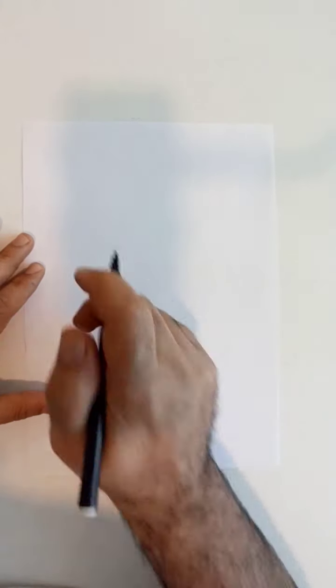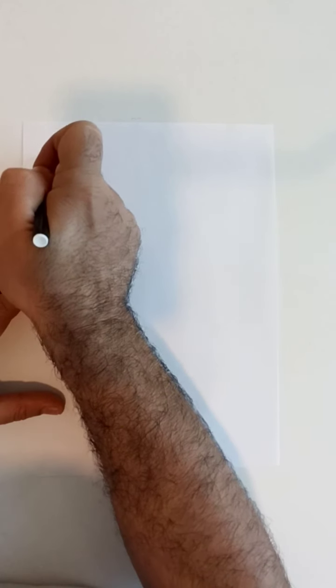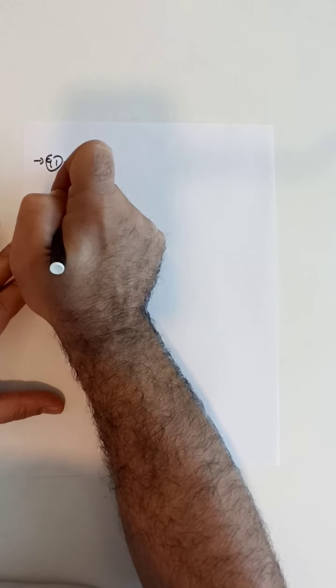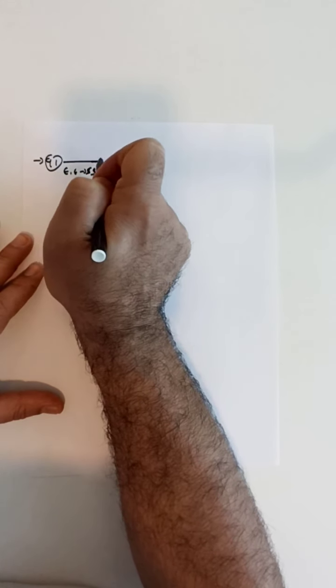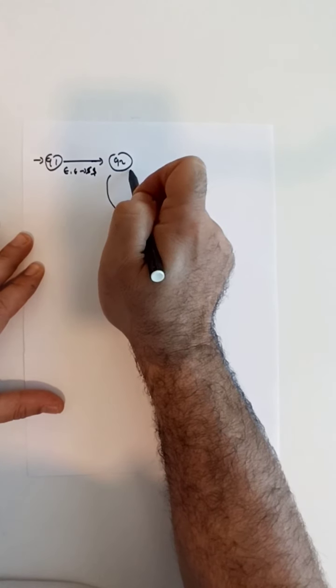Let me redraw the simulating PDA, Q1, epsilon, epsilon, and going to S dollar, and Q2 within a loop.